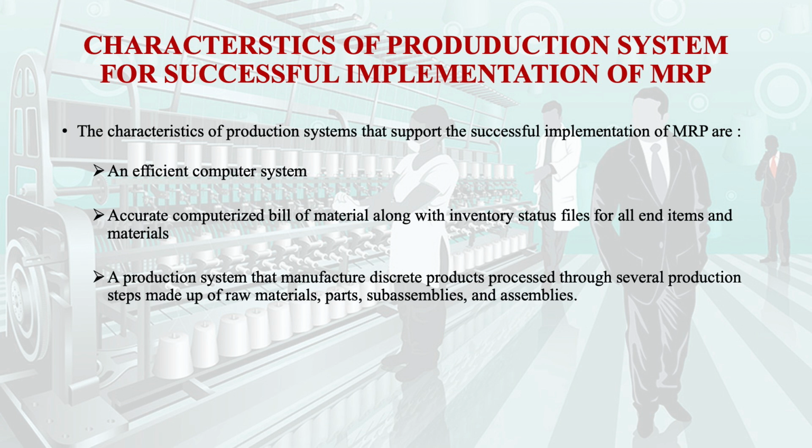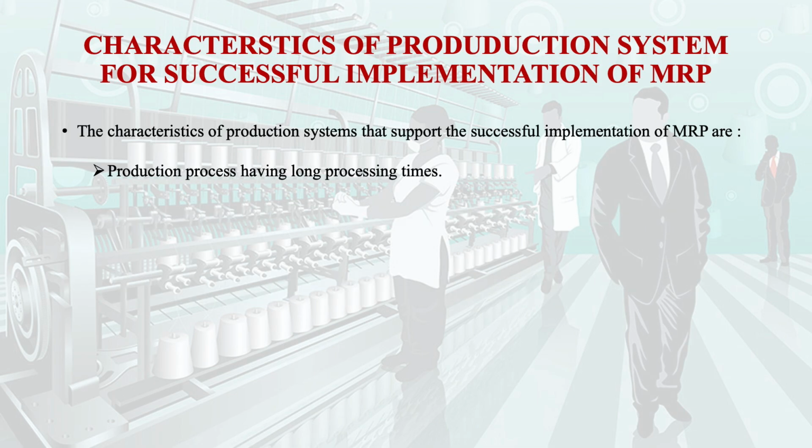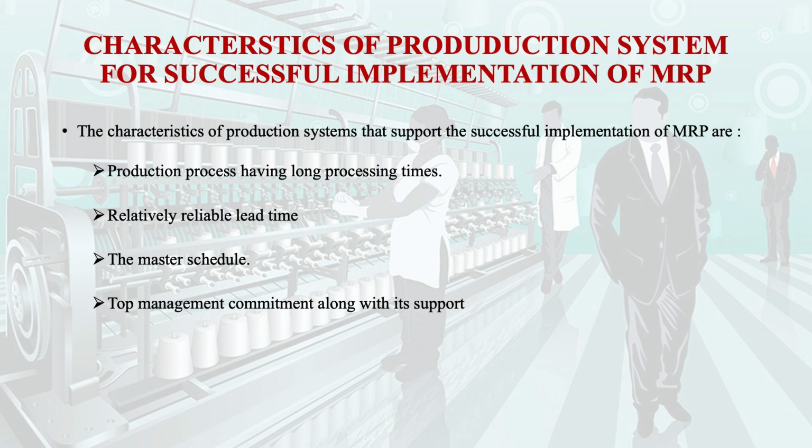More important is a production system that manufactures discrete products processed through several production steps made up of raw material, parts, sub-assembly and assembly. Production processes have long processing times. We need a reliable lead time, a master production schedule, and top management commitment is very much required for the successful implementation of MRP. These are the main characteristics of the production system.